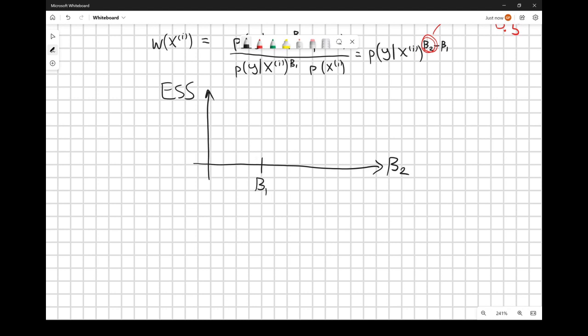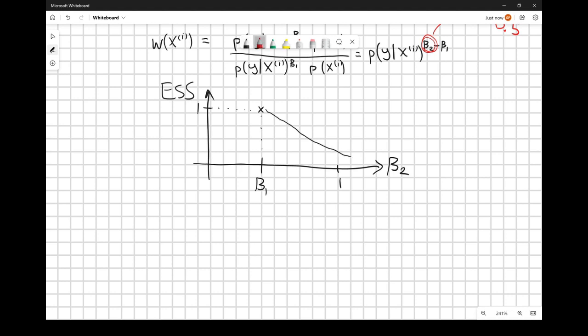And also, it can't be larger than 1, which we're going to write as here. Because when beta is equal to 1, then we're targeting the full posterior, if you like. And the effective sample size is equal to 1 when beta 2 is equal to beta 1, because then the proposal is equal to the target. And then we should see the graph dropping off like this.